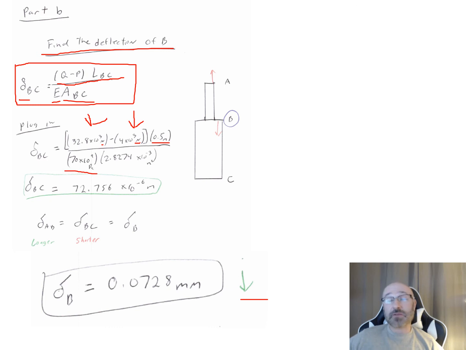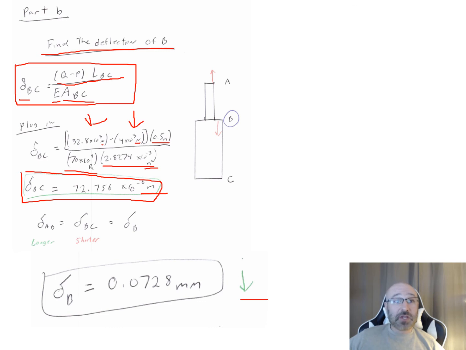The modulus of elasticity doesn't change; the material property is the same, 70 times 10 to the 9th. And our area for BC, we already calculated as 2.8274 times 10 to the negative third meters squared. You can do the unit analysis like we did before and double check this comes out in meters, which it does. So we end up with the deflection of BC equal to 72.756 times 10 to the negative 6 meters.